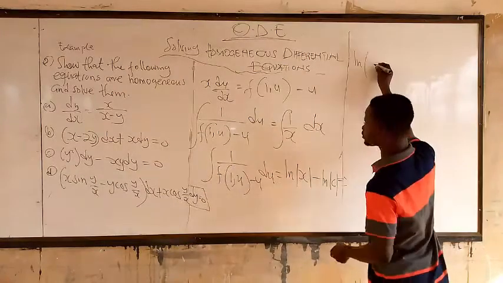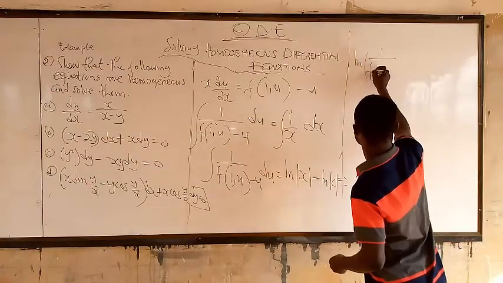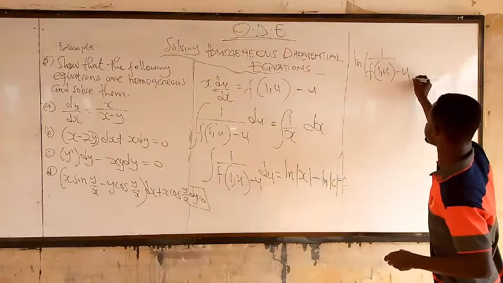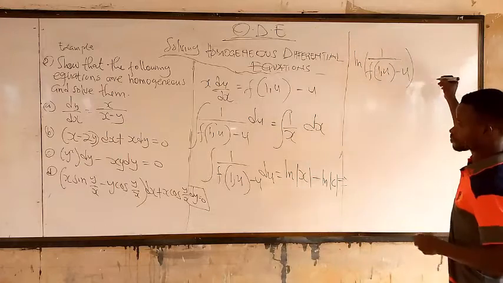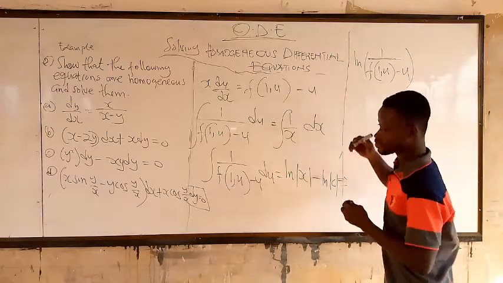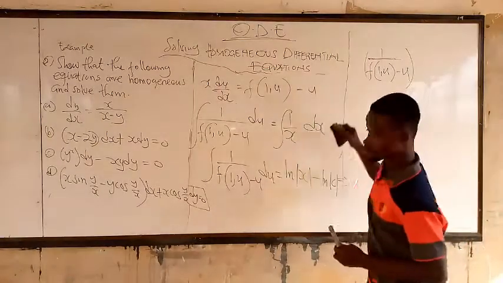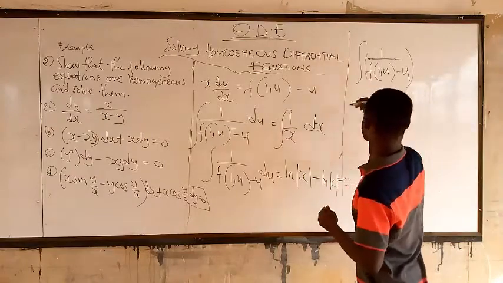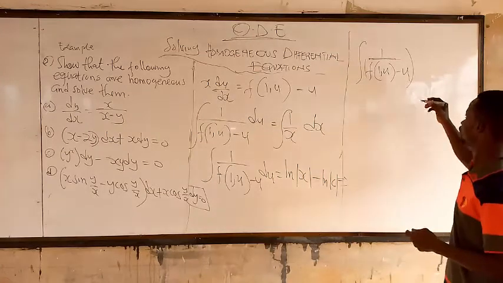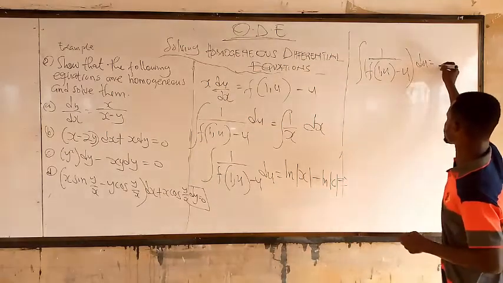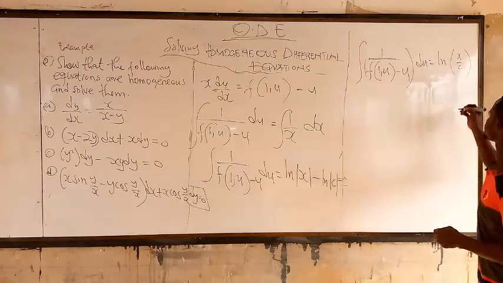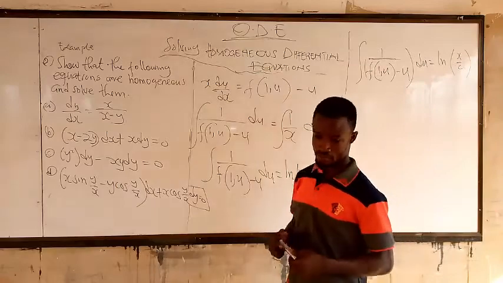And with this, you are going to get the integral of 1 over f(1, u) minus u du to be equal to ln x over c.